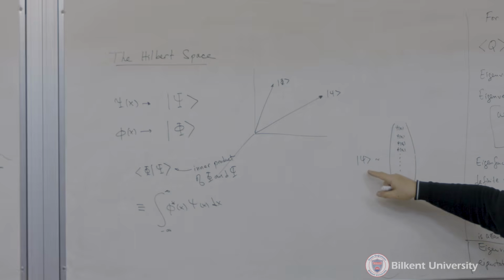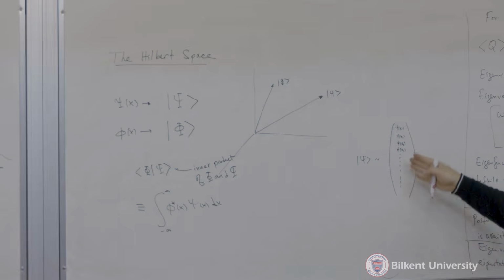Since this is a function, it's an infinite dimensional vector. Not only is it infinite dimensional, the dimensions form a continuum. So it is something really quite weird looking, but it's very useful.